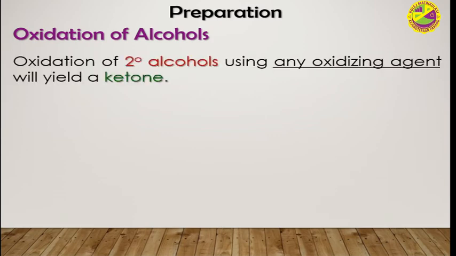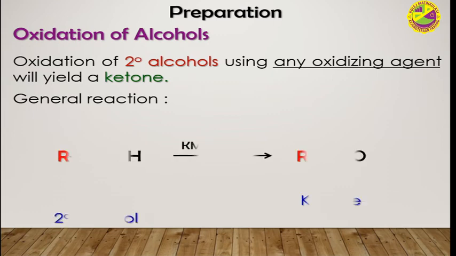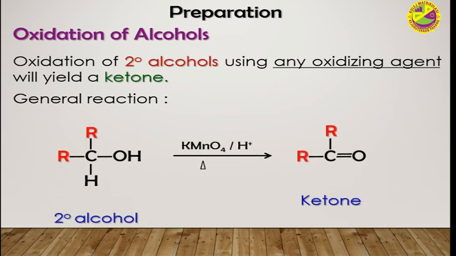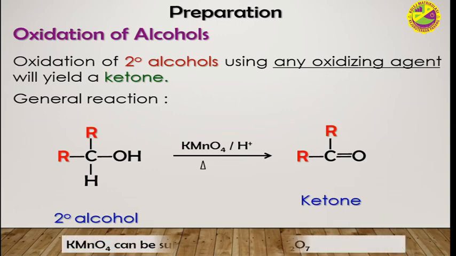Oxidation of secondary alcohols using any oxidizing agent will yield a ketone. The general reaction is as follows. If we have secondary alcohol that undergoes oxidation with acidified KMnO4 with heat, we will form a ketone.